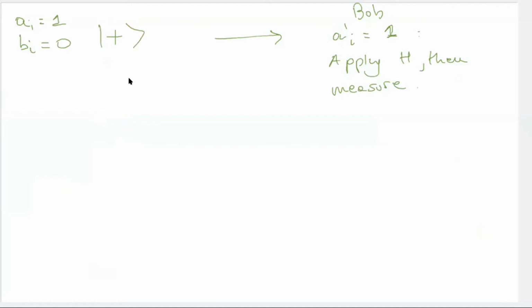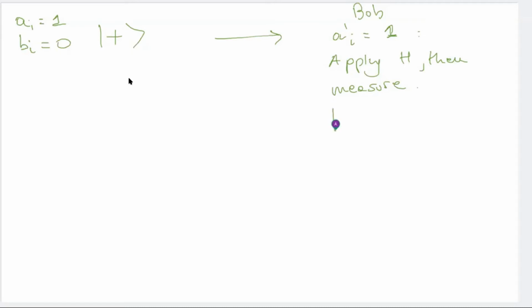So let's say Alice is sending a state plus, which means the choice of basis is Hadamard, so a_i is equal to 1. The bit b_i is 0 because we're choosing plus. Now, if Bob happens to pick a'_i equals 1, which means Hadamard, so they're making the same choice of basis, then as specified by the protocol, Bob will apply H and then measure.